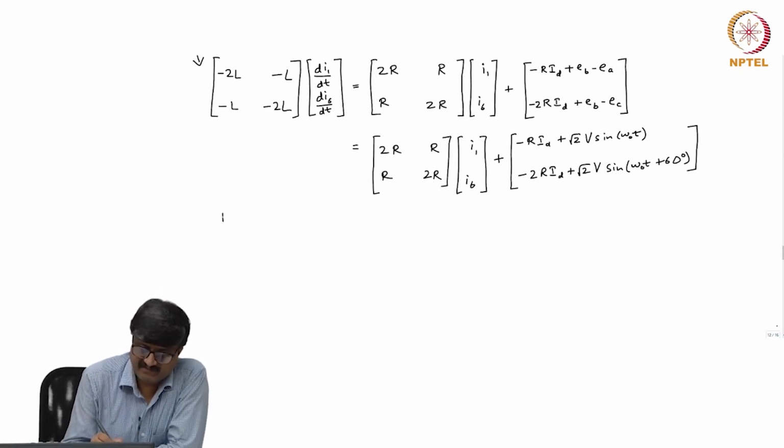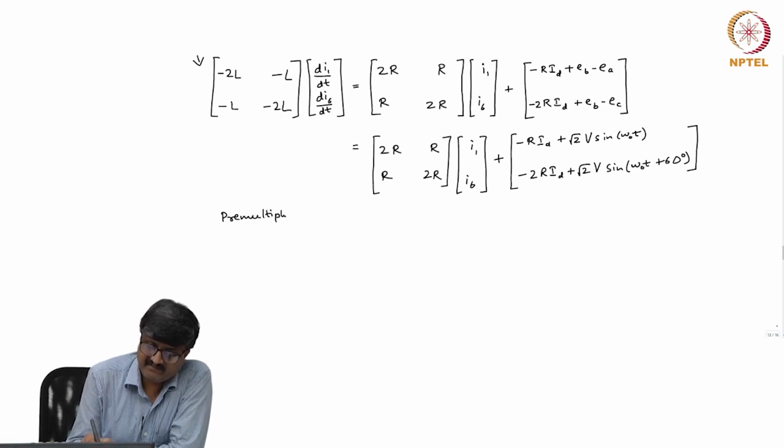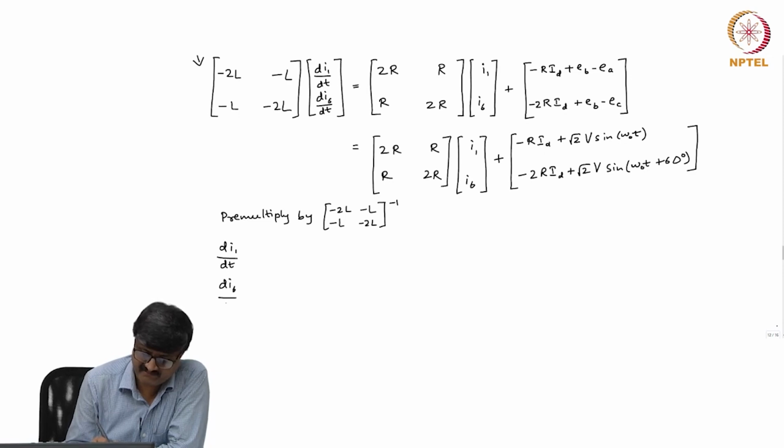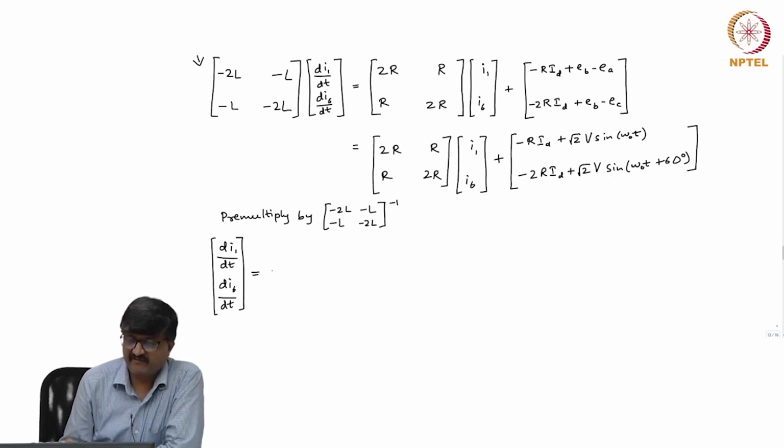That means pre-multiply by the inverse of the matrix minus 2L, minus L, minus L, minus 2L. So I get dI1/dt, dI6/dt on the left hand side, which is the standard form that we want.